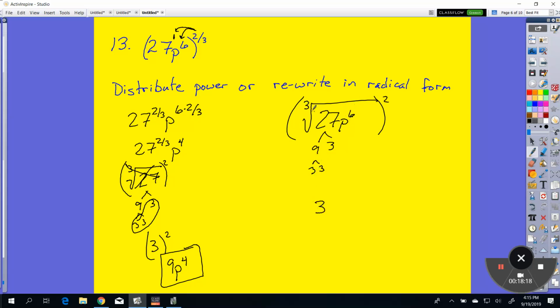P to the 6, so 6 divided by 3 is 2. So that takes all the p's out. This is still all quantity squared. So 3p squared times 3p squared. 3 times 3 is 9. P squared and p squared makes p to the 4th. So that's what that is asking you to do.